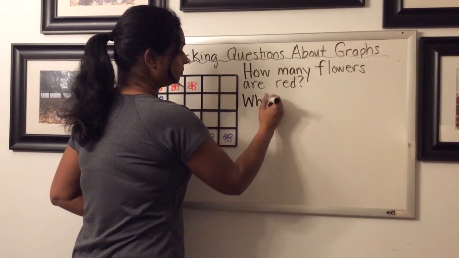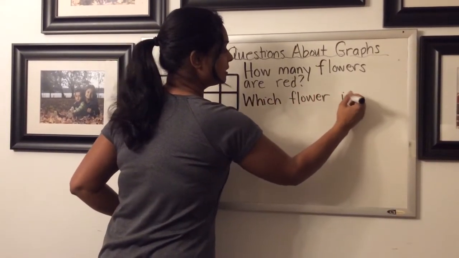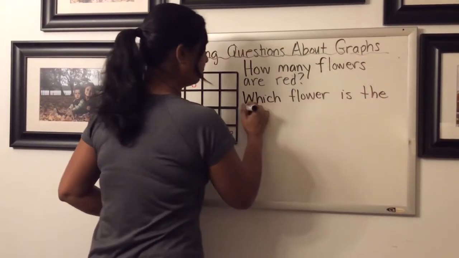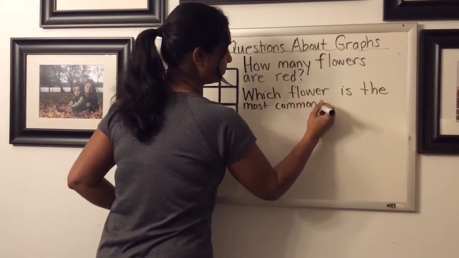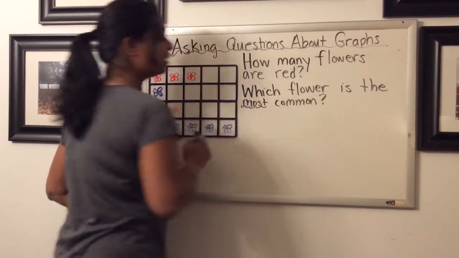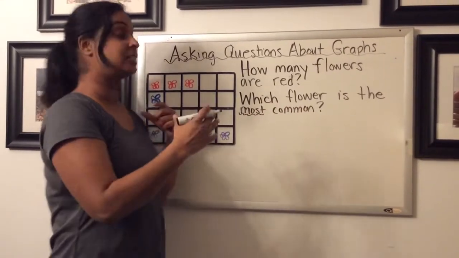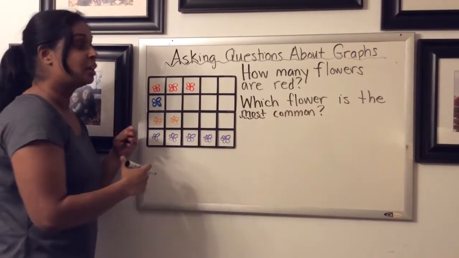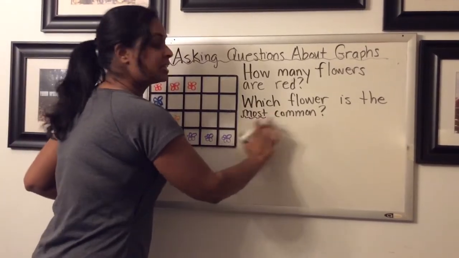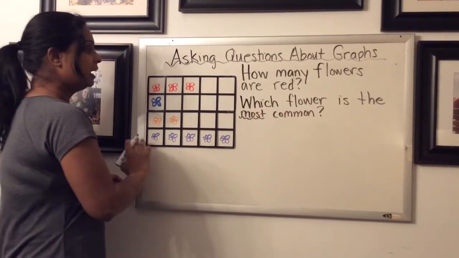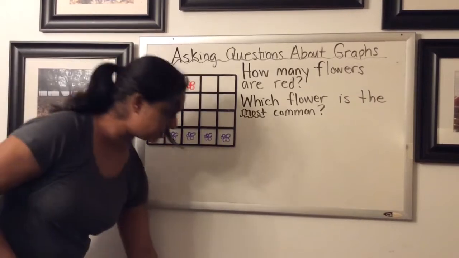Which flower is the most common? Okay, so there's my word right there, most. And we often use this word common with it when we're looking to see which one you see the most, which one is the most common. So you can use that word most in a sentence like this with the word common. And then I would answer the question. I would say purple is the most common flower.